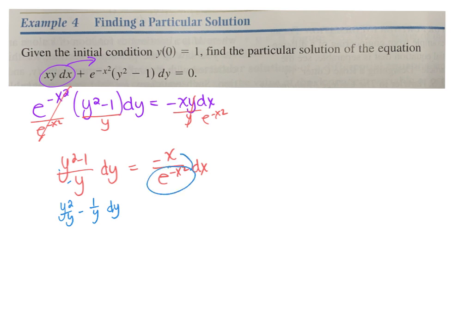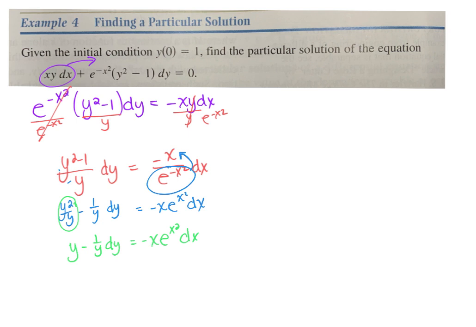So this whole thing's going to bump up here because it's a negative exponent. So on this side, we're going to have negative x e to the x squared dx, all right? And we can simplify this piece of it right here to what? Y squared over y? Just y. So y minus 1 over y dy equals negative x e to the x squared dx, all right?